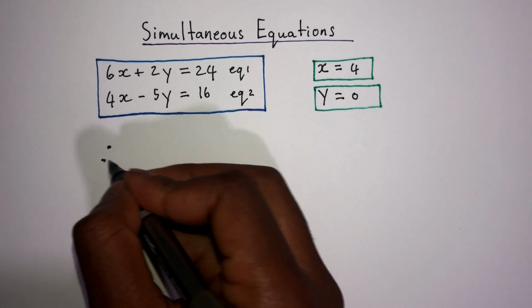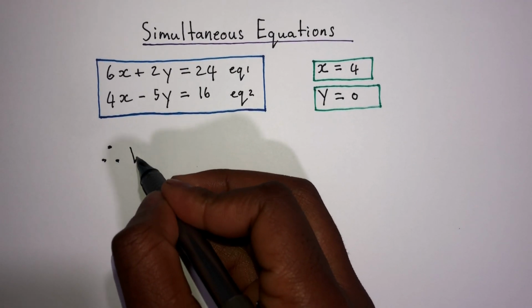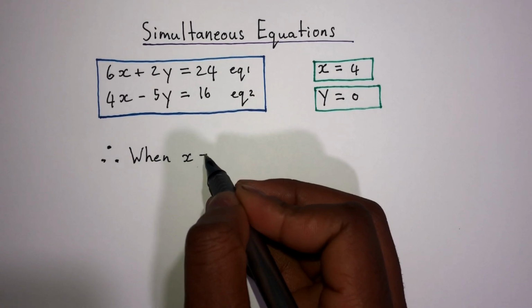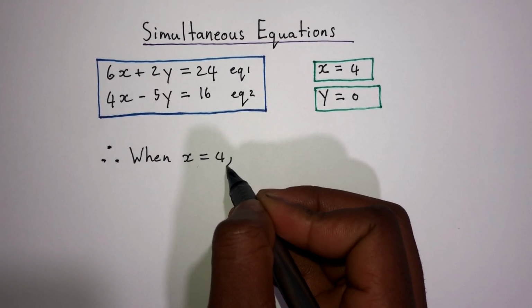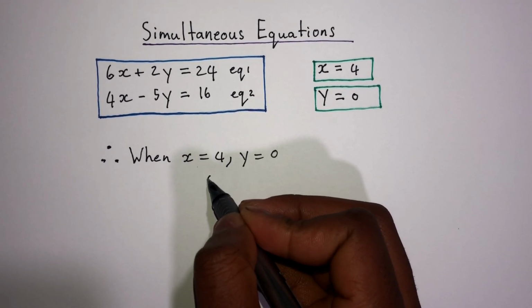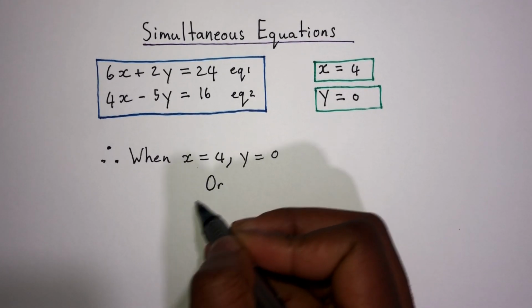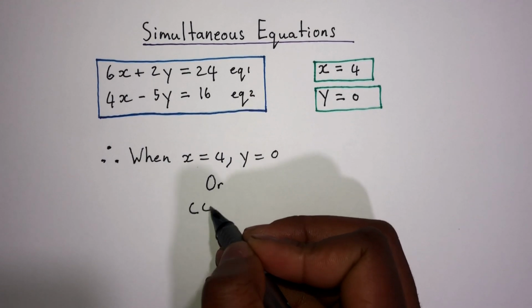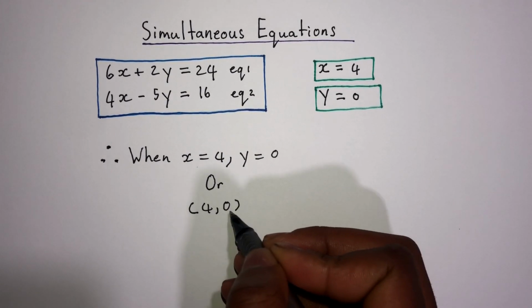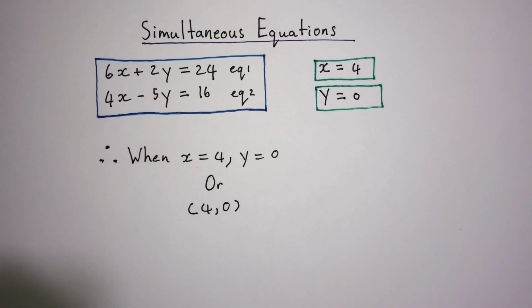Therefore, when x equals 4, y equals 0. Or we can write our answer as (4, 0), where this is the x term and this is the y term.